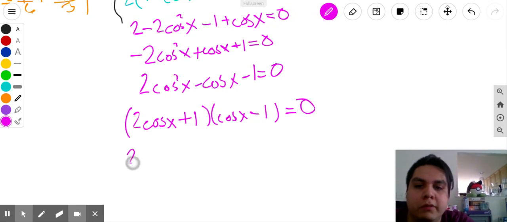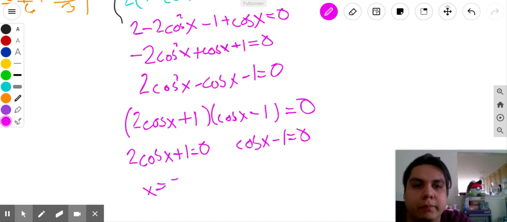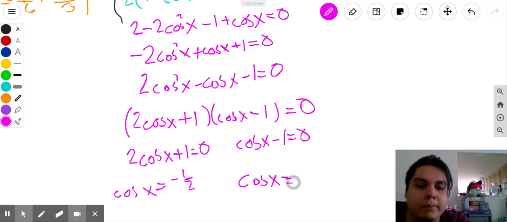So then you have 2 cosine of x plus 1 is equal to 0, and cosine of x minus 1 is equal to 0. Cosine of x should equal a negative 1/2, and cosine of x should equal a positive 1.